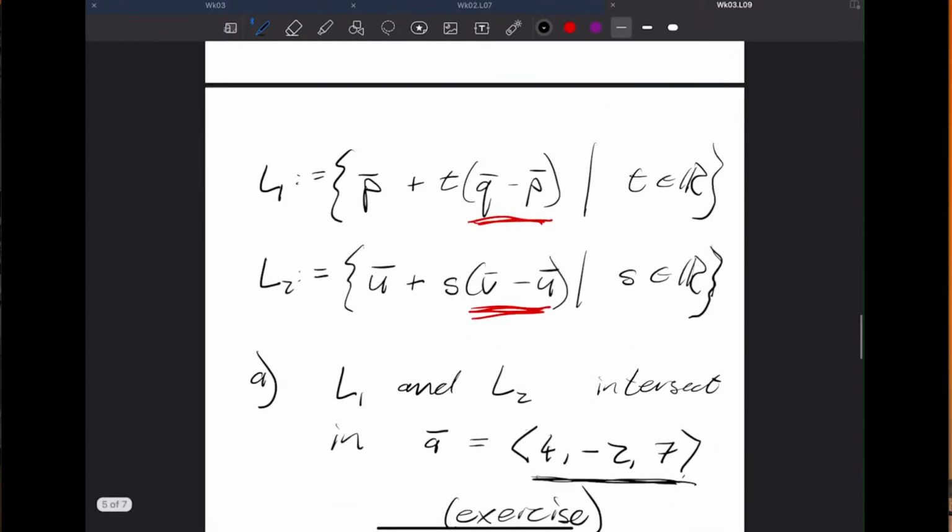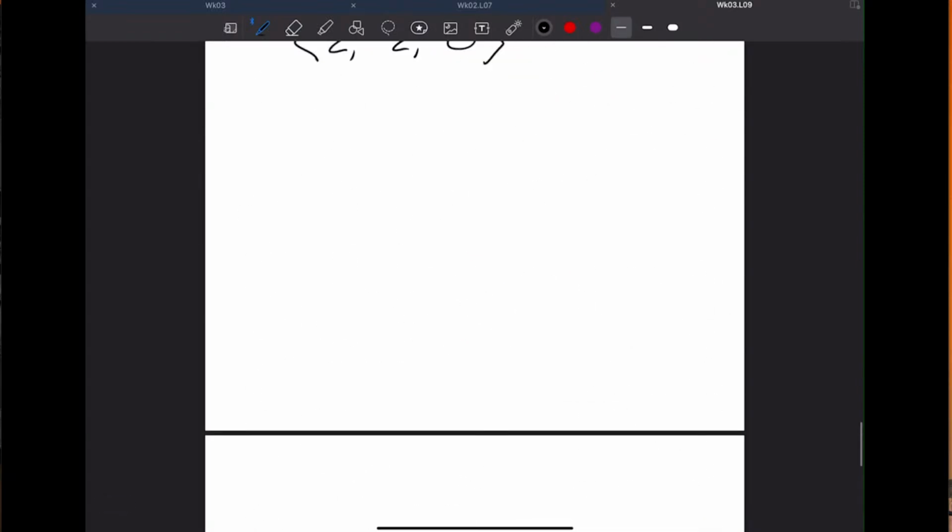So now we can just write out a parametric equation for line 3.